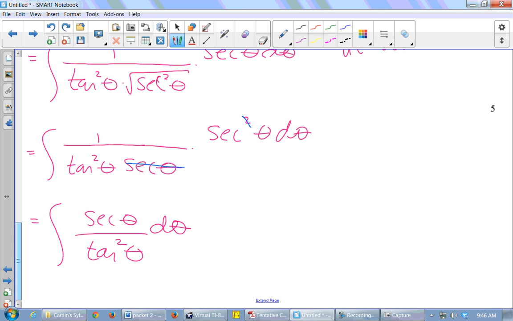All right. Any ideas? Well, the derivative of tangent is secant squared, right? So it's not fully going to cancel with a u substitution. Can you simplify the integrand at all?